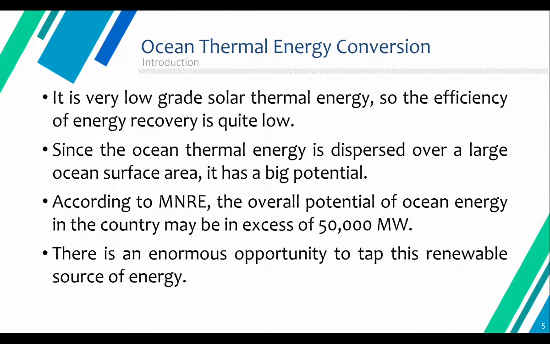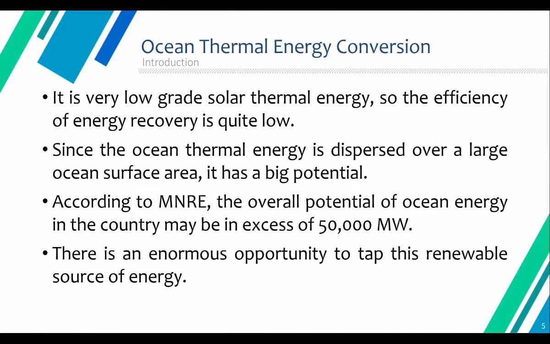It is very low grade solar energy, so the efficiency of the energy recovery is quite low. As you all know, when collecting and using solar energy, we need to convert the temperature difference, which will be very low, around 20-25 degrees Celsius. So converting that into electrical energy means the efficiency will be very low.